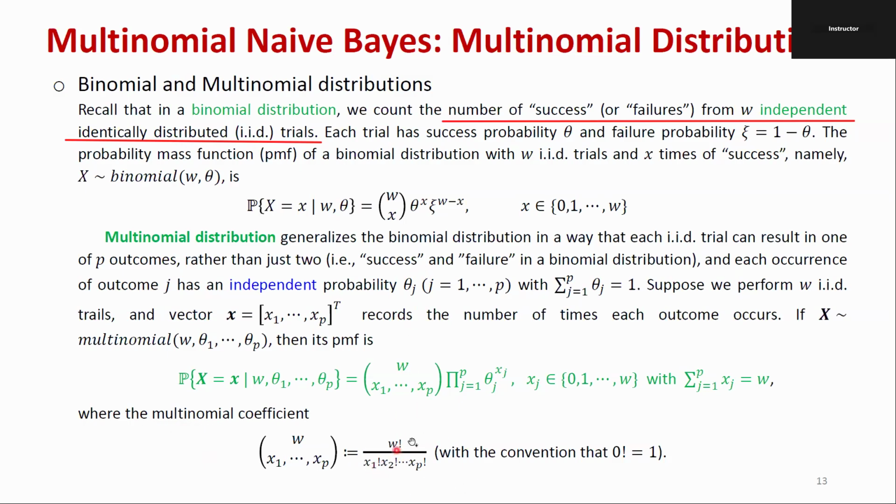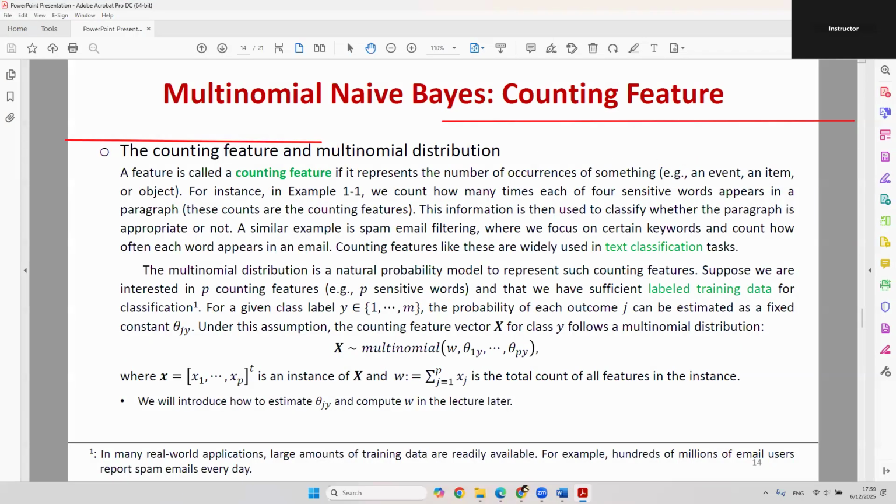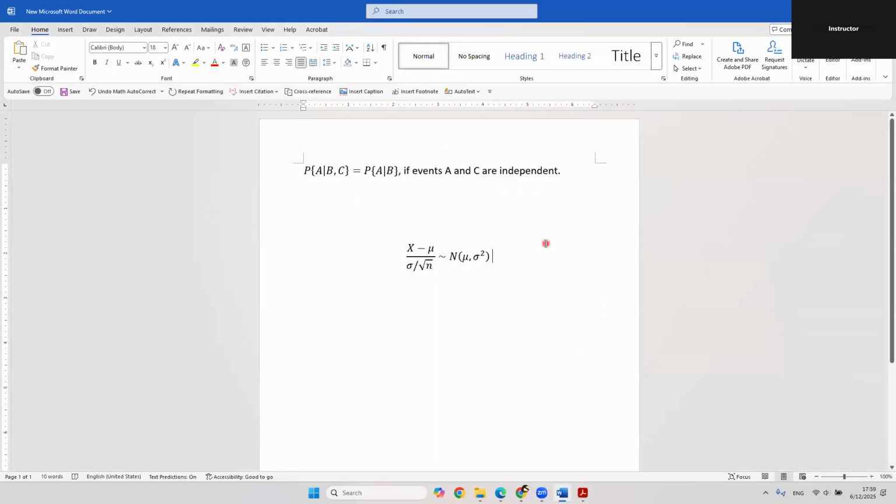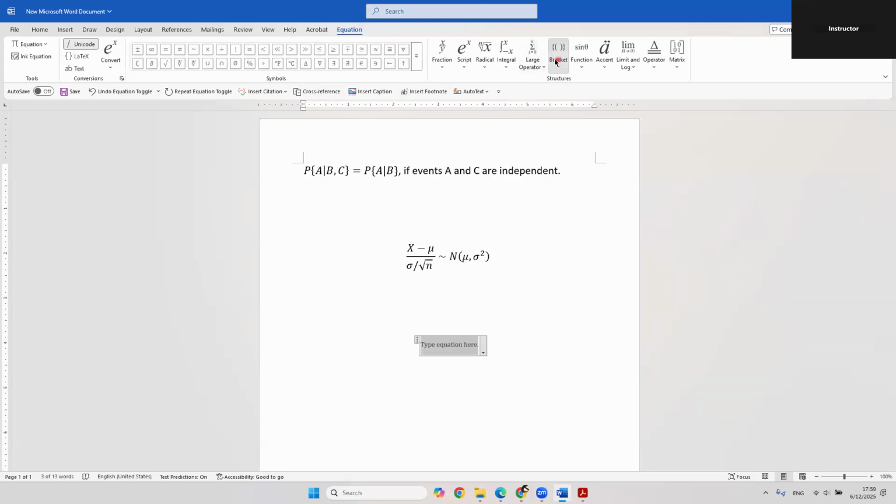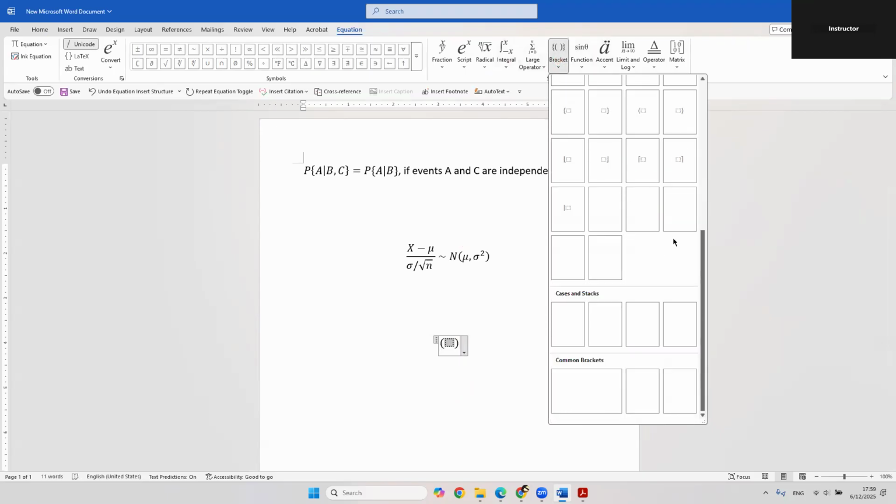Remember the binomial. Let me see here. Actually, I don't know the command to insert a binomial formula here, so let me just do it this way to make my life easier.